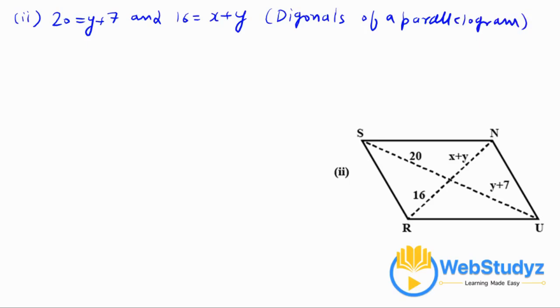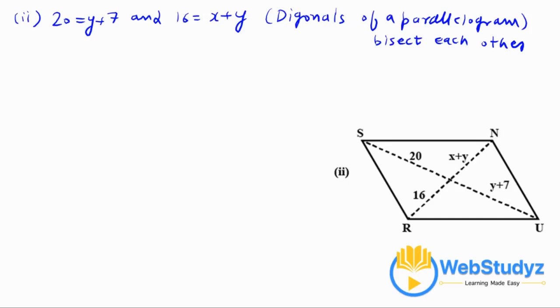So these diagonals of a parallelogram bisect each other. So in that case, we can write these equations.